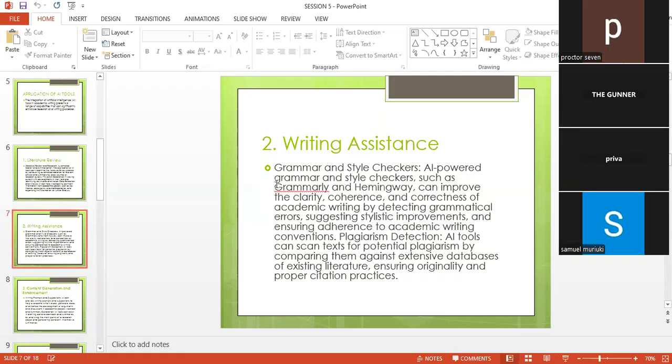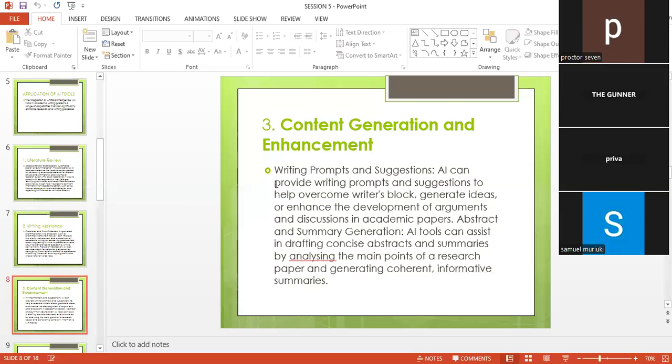That's how I discover some students: superior English, but there are no ideas. They have just gone to AI and generated content, but they do not understand the lesson. So let us also understand lessons and apply AI responsibly. But it can assist in editing, it can assist in plagiarism detection, and content generation and enhancement.